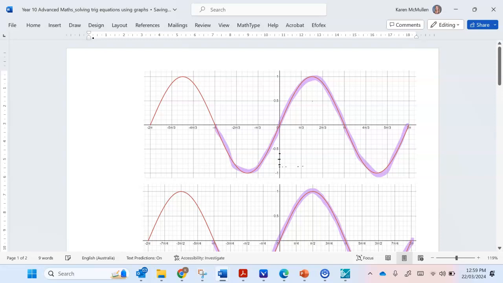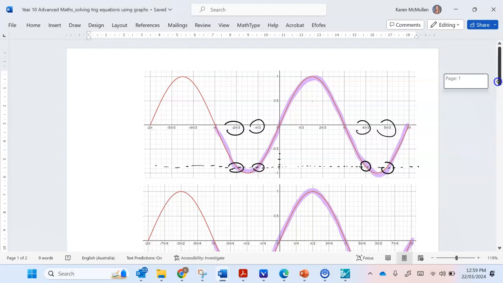So we're kind of here. And I can see now that it's clearly crossing those grid lines. So we've got here, here, here, and here. So my solutions: negative 2 pi on 3, pi on 3, 4 pi on 3, 5 pi on 3.